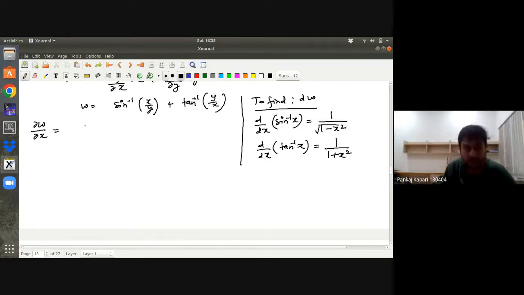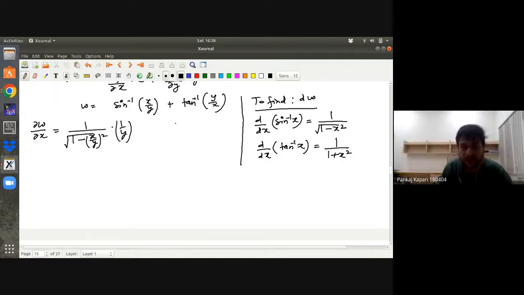So what is that? It is equal to 1 over square root of 1 minus (x over y) whole square, and then differentiate x over y with respect to x, right? That is equal to 1 over y. Now differentiate this tan inverse.